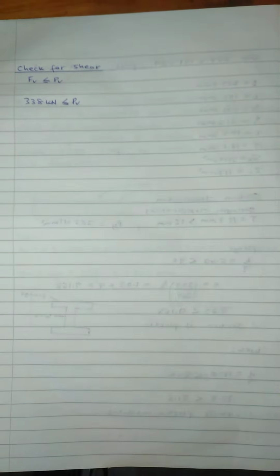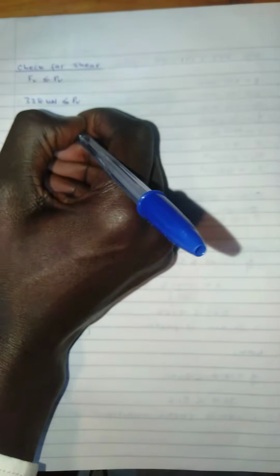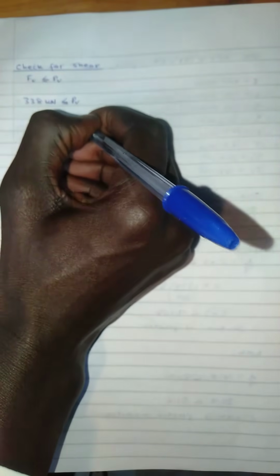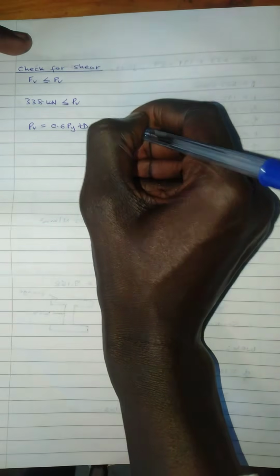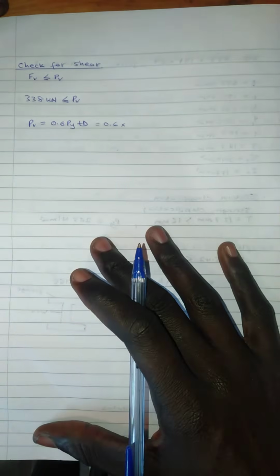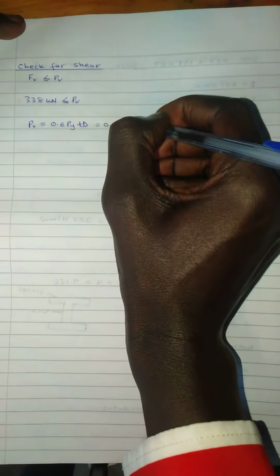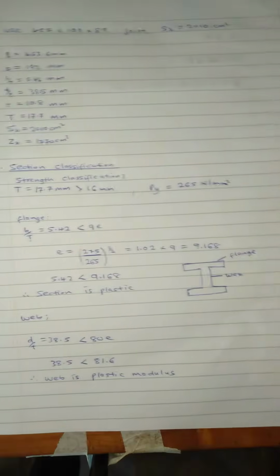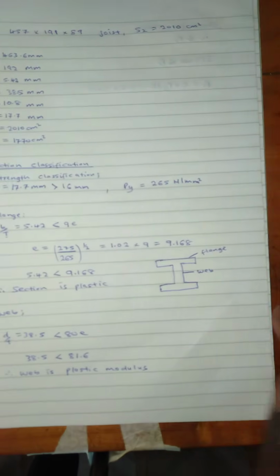The formula for calculating shear capacity is 0.6 times PY times T times D. Here we use PY as 265, as I said, after classifying the strength we found that PY should be 265 throughout the whole section.